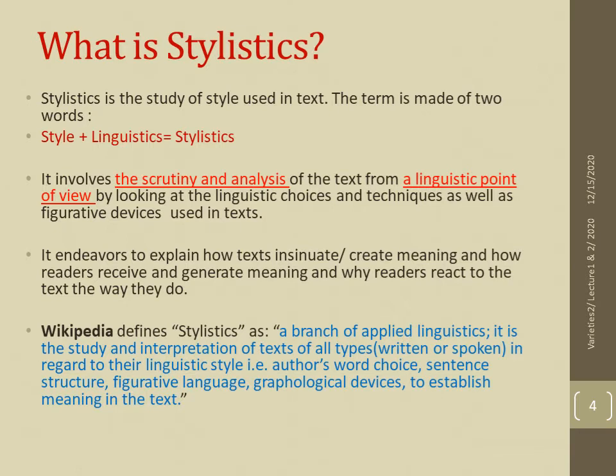We approach the text from a linguistic point of view. We are not concerned with the content of the text, but rather with the workings of the language. It endeavors to explain how texts create meaning, how readers receive and generate meaning, and why readers react to the text the way they do.